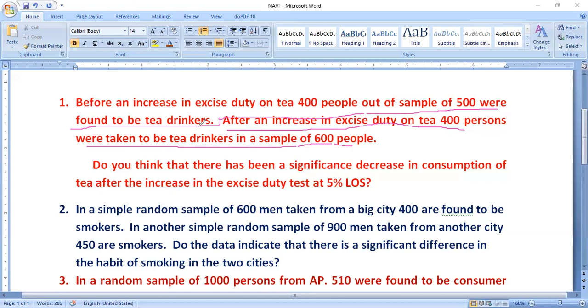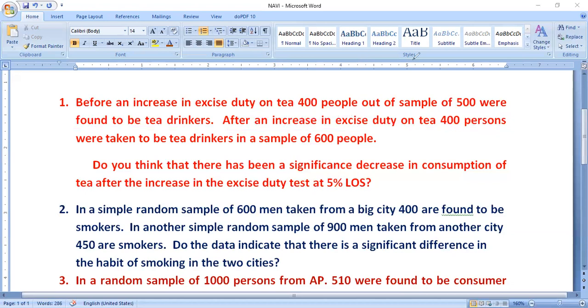Then the calculated value formula will be applied, that is, Z is equal to P1 minus P2 divided by the standard error of P1 minus P2. Then finally you will get some value. That value is called the calculated value. This calculated value should be compared with the Z critical value, that is 1.96 for 5% and 2.58 for 1%. Okay, in this way you can solve the problem.